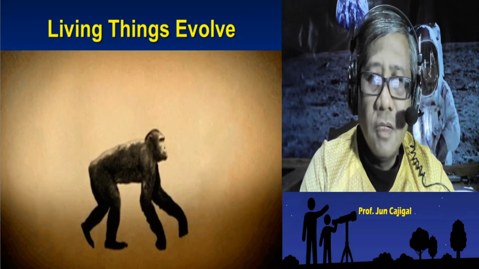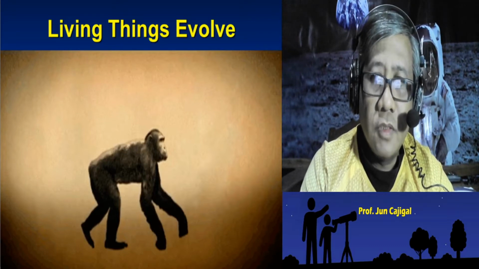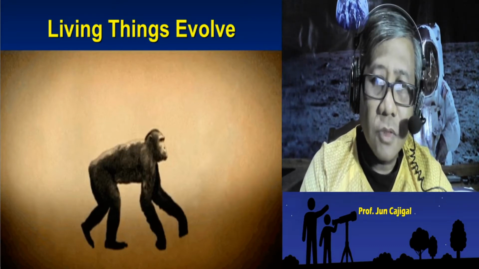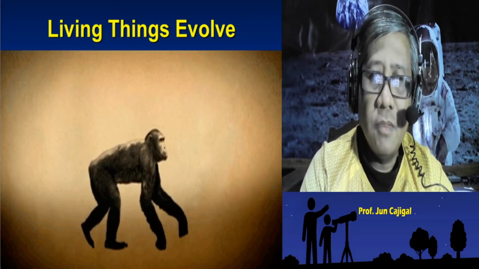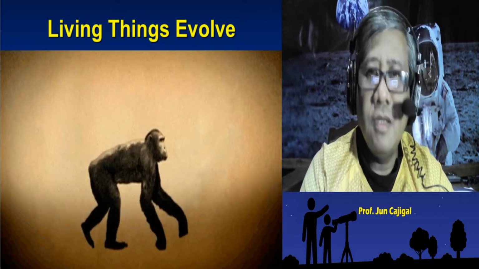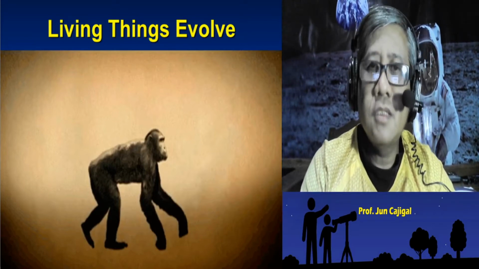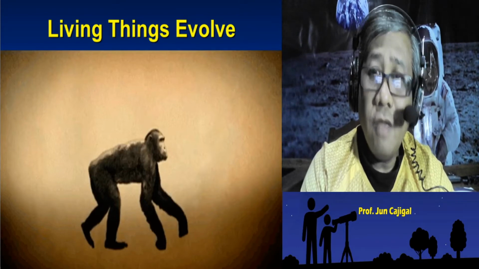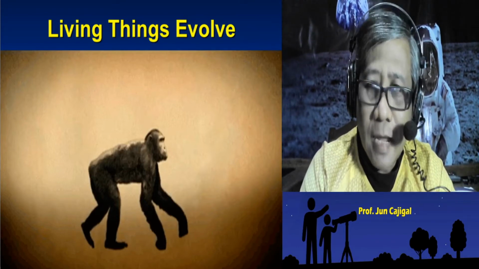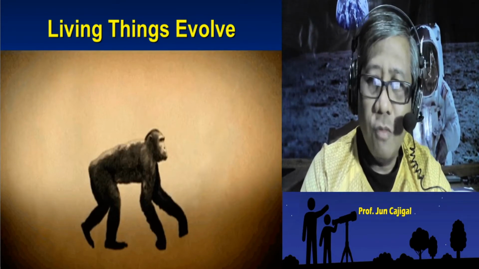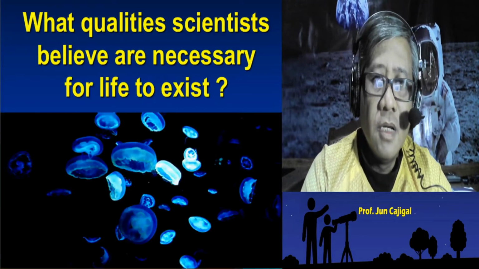Or birds descended from dinosaurs. So that's what we meant by evolution. All living things are capable of evolving. They evolve because they need to adapt to certain environmental conditions.